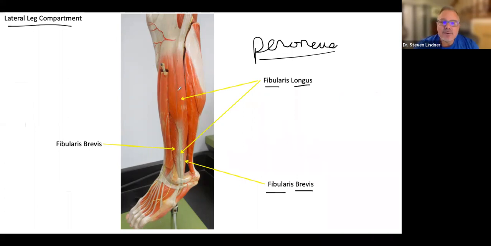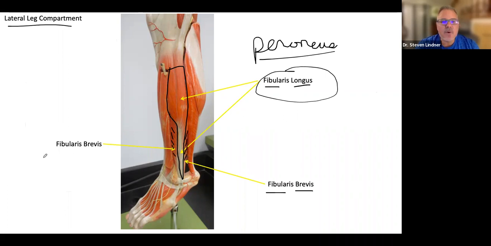So on the lateral side, superficially, let me outline it here. We see this muscle, superficial, called the peroneus longus, or fibularis longus. And deep to it, we see this, and we see this.